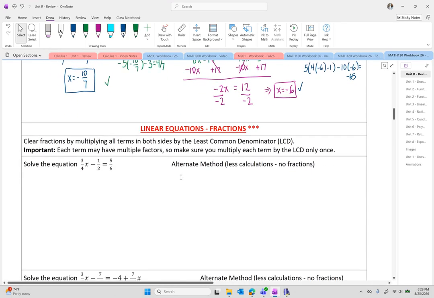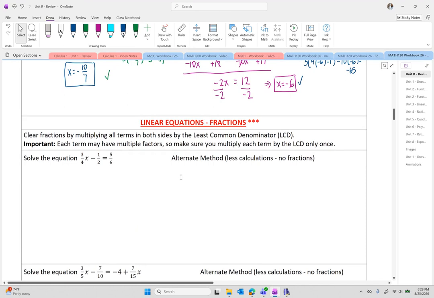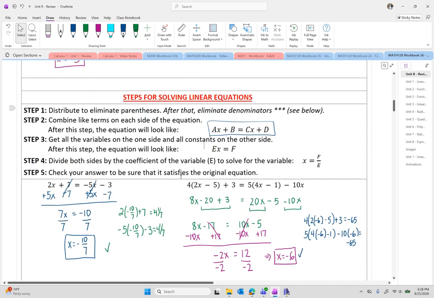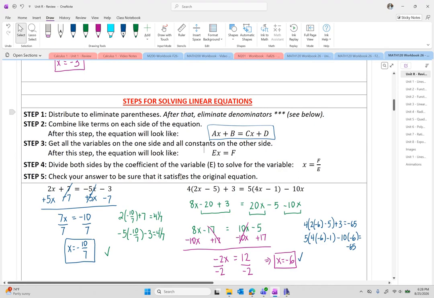The only thing is there is no cx on the right, so I am in the situation ax plus b equals d. If I follow the steps, what I need to do next is to separate the variables from the constants by using the addition property and then divide to solve for x.